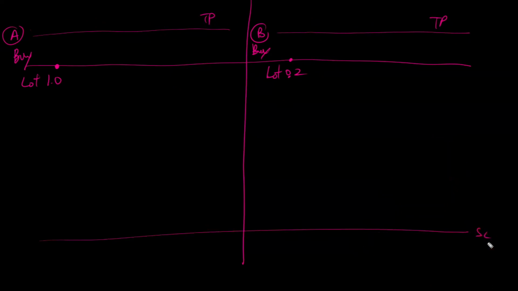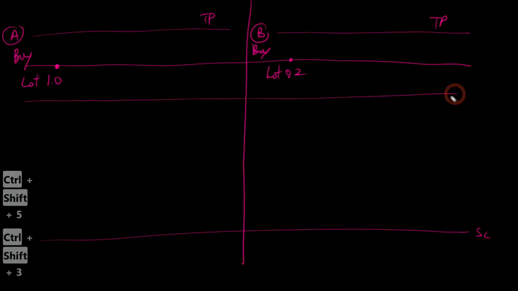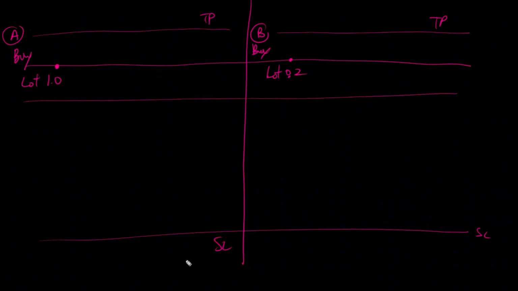Now, let's assume one thing. Both of these prices have a gap, or we call it a fluctuation. Meaning that when you make a buy, TP is here, stop loss is here. But then candidate B is slightly different. When it's a buy, it sets TP here, stop loss here, and at the same time, candidate B is ready to absorb the drawdowns.